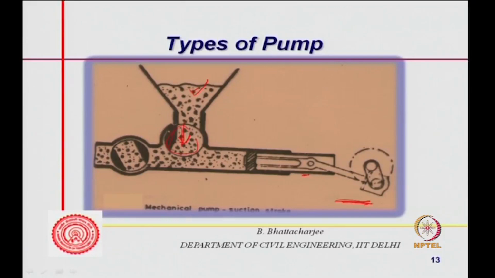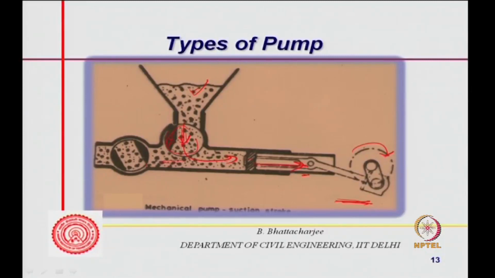So, it is a suction stroke, and there is another valve, actually nearly closed, and the stroke is along this direction. This is rotating along this direction, and as the suction occurs, this gate is open, and concrete comes in and fills this space.